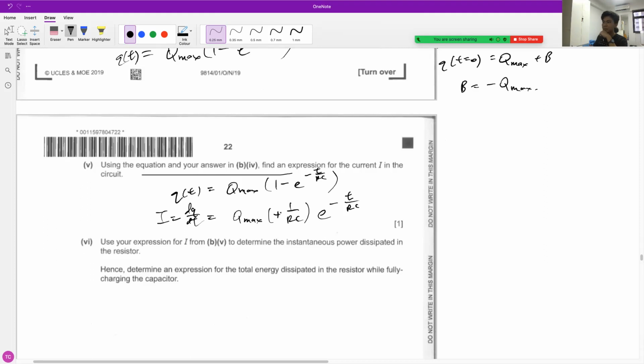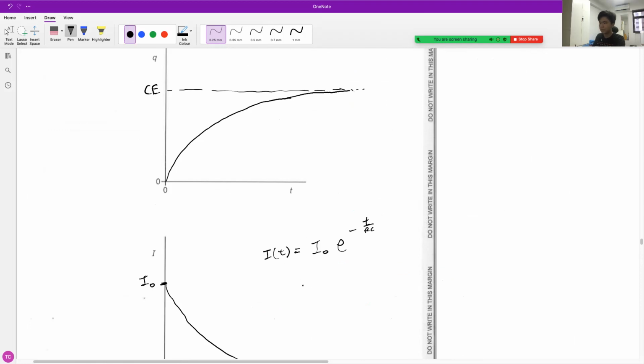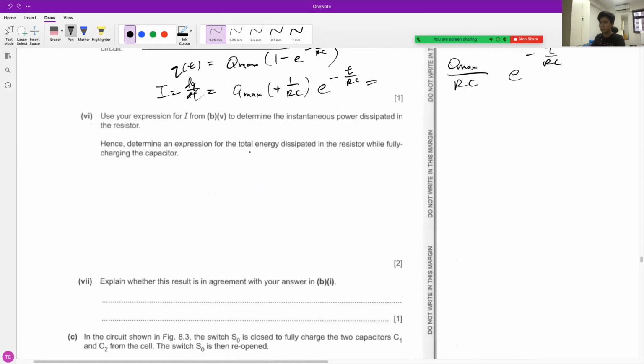Actually, both signs are negative, so the two negative signs cancel out. So this is just Q max over RC e to the power minus t over RC, which matches what we found over here for I of t. Then your maximum current is just Q max over RC. I hope that's clear.